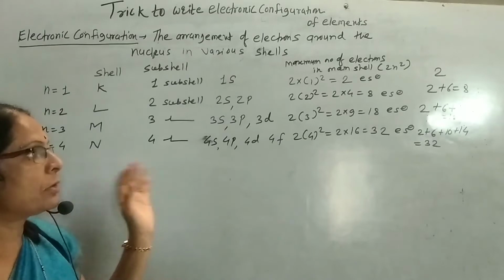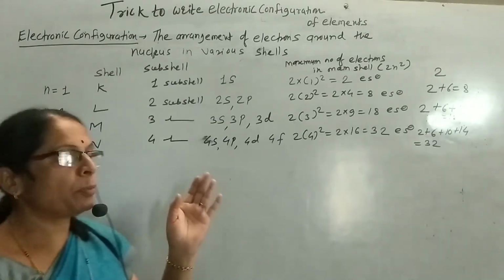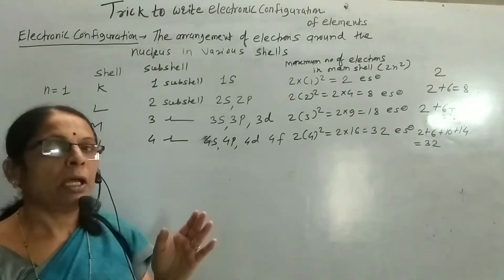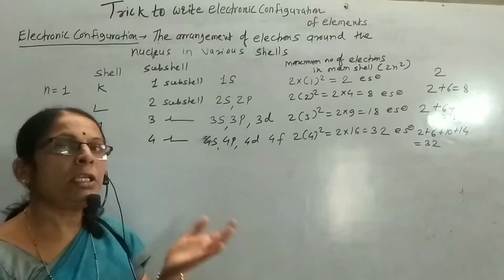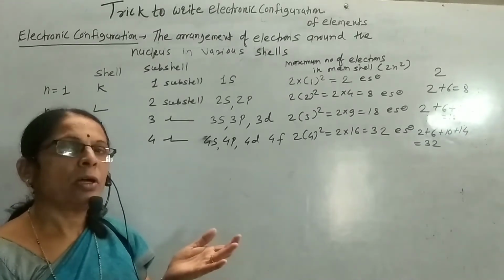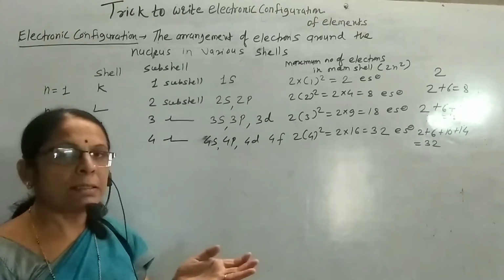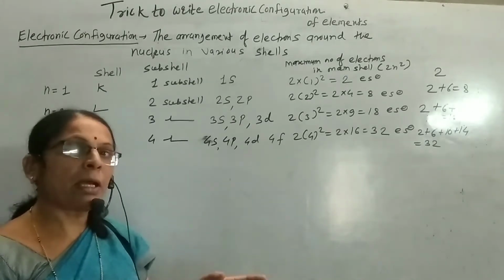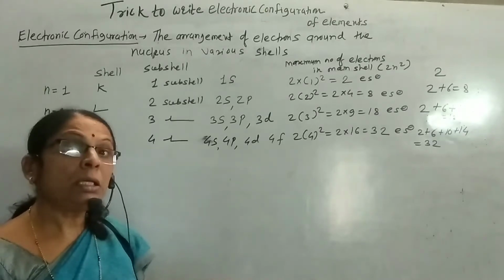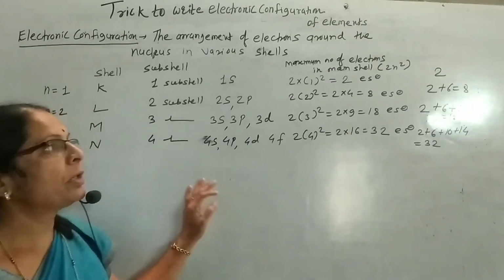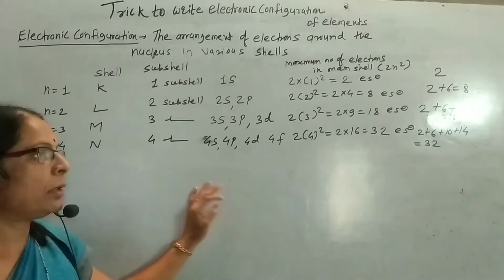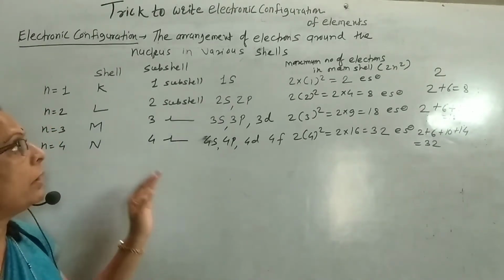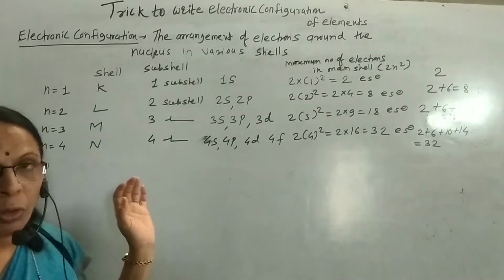Their orbitals are px, py, pz, or dxz, dxy, dyz, dx square minus y square, or dz square. Like this you can consider the orbitals for D, and F has 7 orbitals.